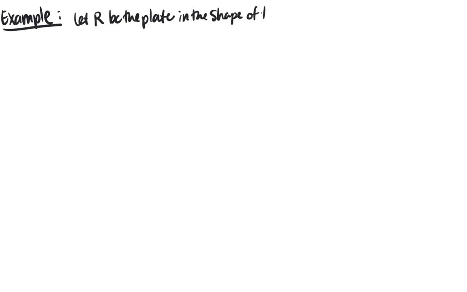Okay, so here is an example. All right, so we're going to do this one where we have: let R be the plate in the shape of the region y equals sine x for 0 less than or equal to x less than or equal to pi over 2.